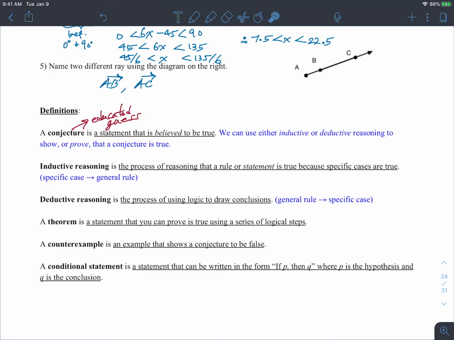For example, you may see that, especially at NBA, a lot of the players at NBA are well over 6 feet tall, if not near 7 feet tall, right? So you see that again and again, and you might come to a general conclusion. The keyword is general conclusion, general rule, that NBA players are tall.